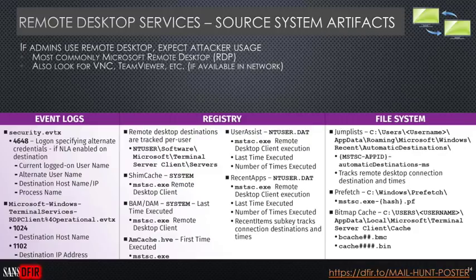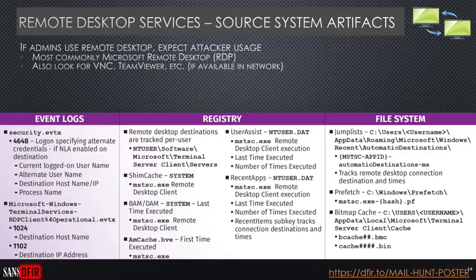So you notice in here, for a lot of this, you're looking for that universal evidence of execution marker. On the source system, where mstsc is being executed, any of these locations will show it, whether it's a GUI program or not. Now, if it's a non-GUI program, you'll probably not see the UserAssist or RecentApps registry keys listed, because those only track GUI level applications.